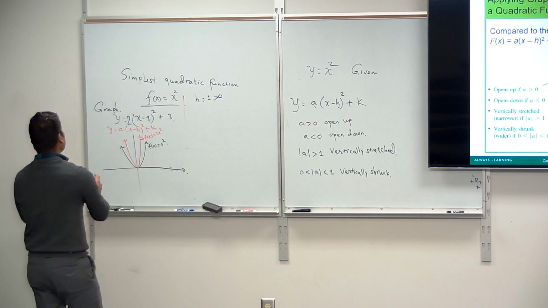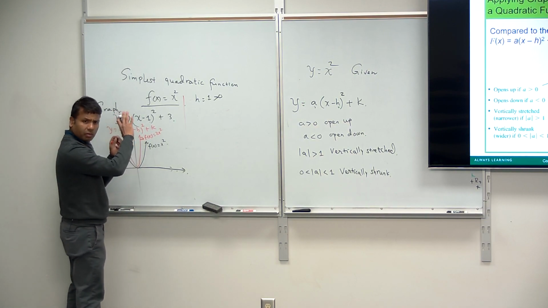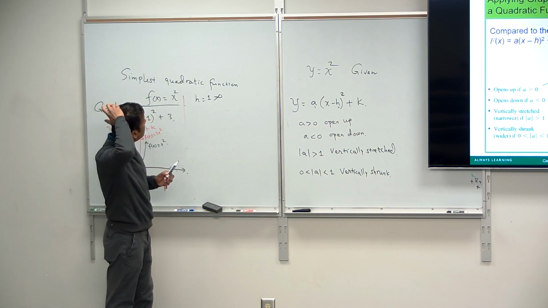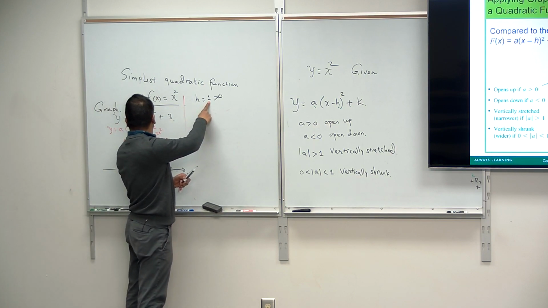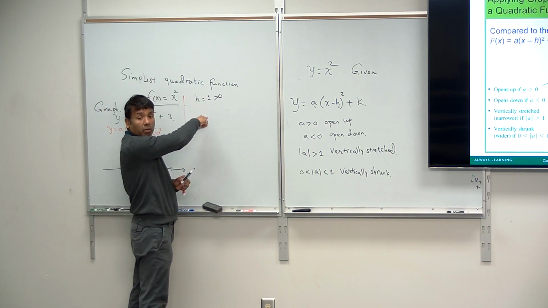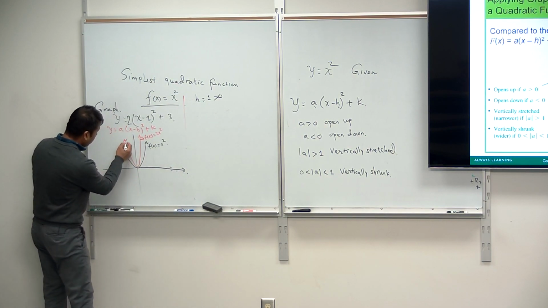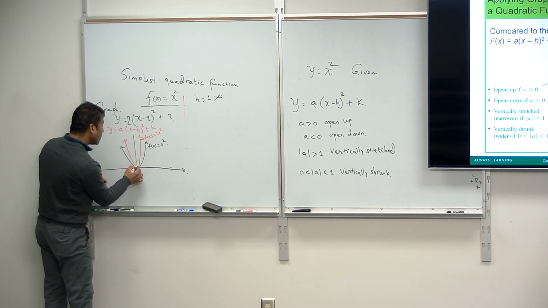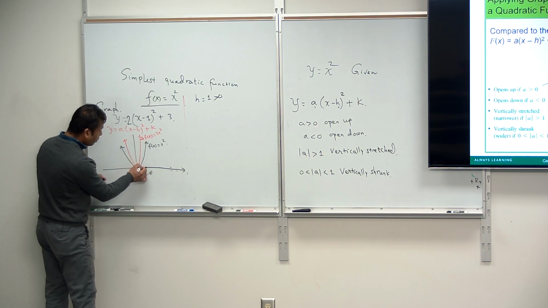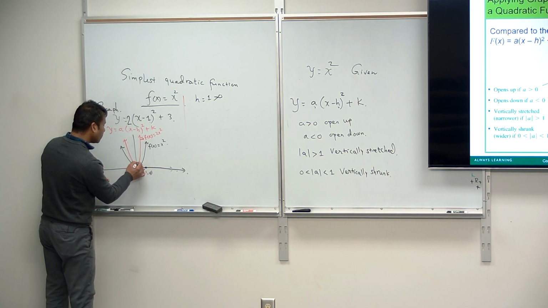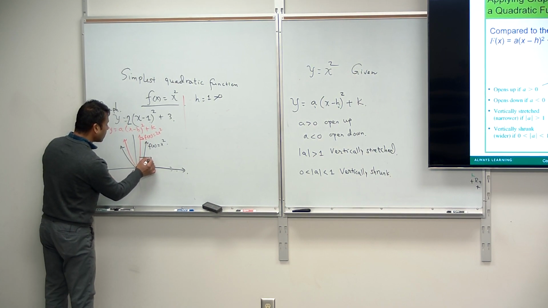So this red parabola will be shifted how many units? 1 unit to the right. So this point will be here. If this is 0, 0, it will be 1, 0. Shifted 1 unit. Now this point will be shifted 1 unit to the right, and this point will be shifted 1 unit to the right. Are you guys with me?